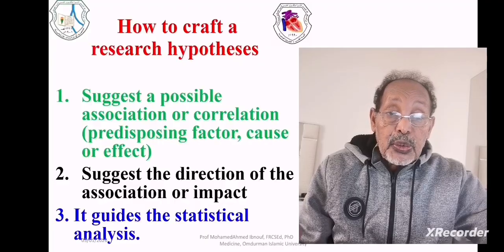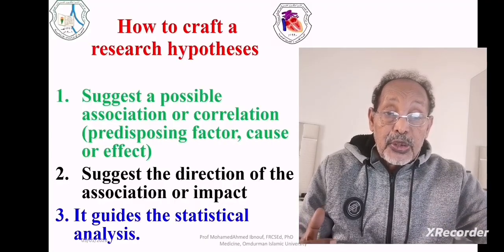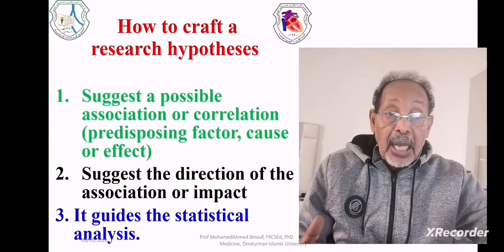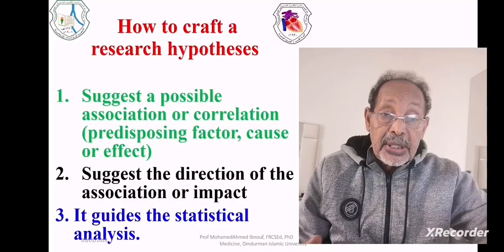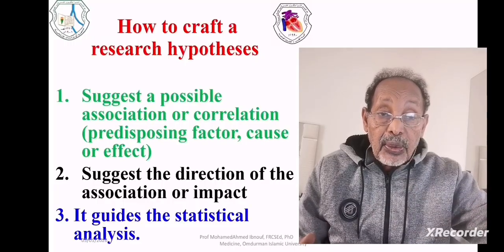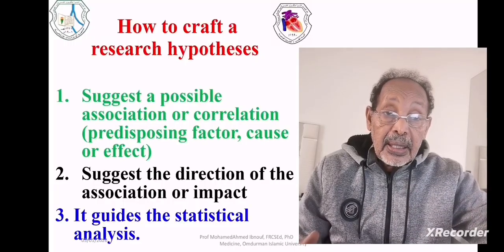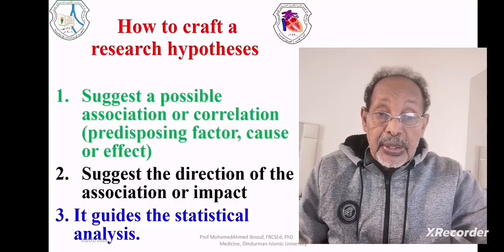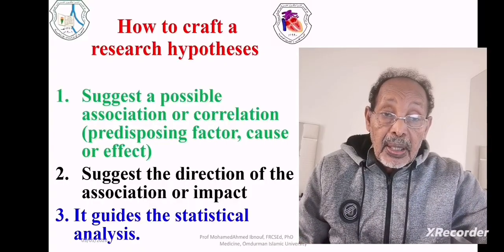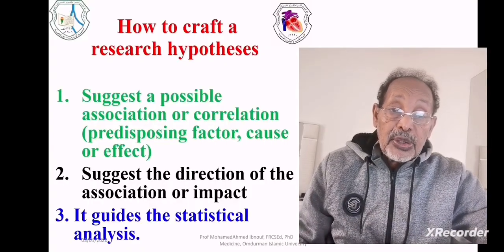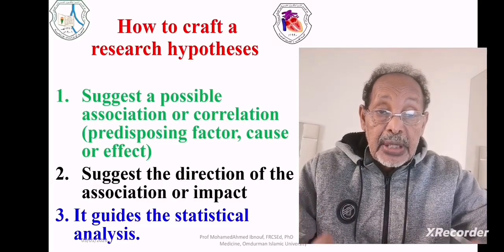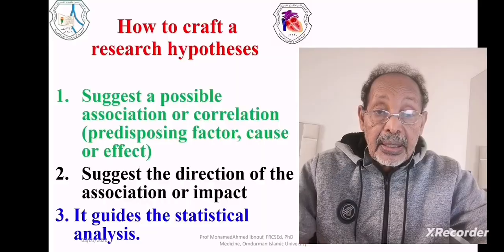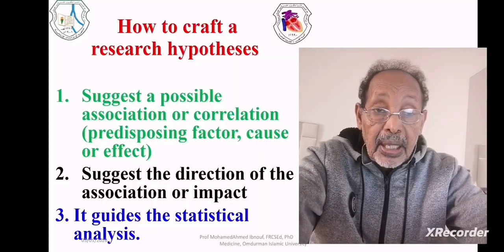The hypothesis also should postulate the direction of this association. And we are going to show examples how we design a hypothesis that shows the direction of the impact of the variables we are studying. As I said before, it should also guide the way we choose the appropriate method and the appropriate statistical analysis.